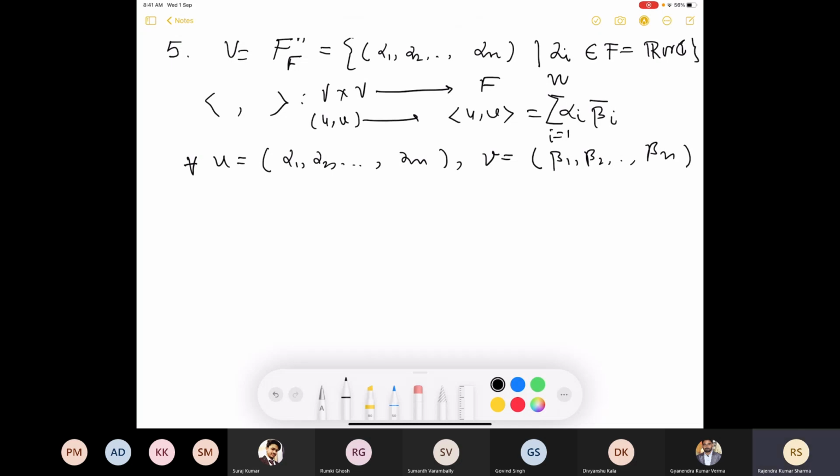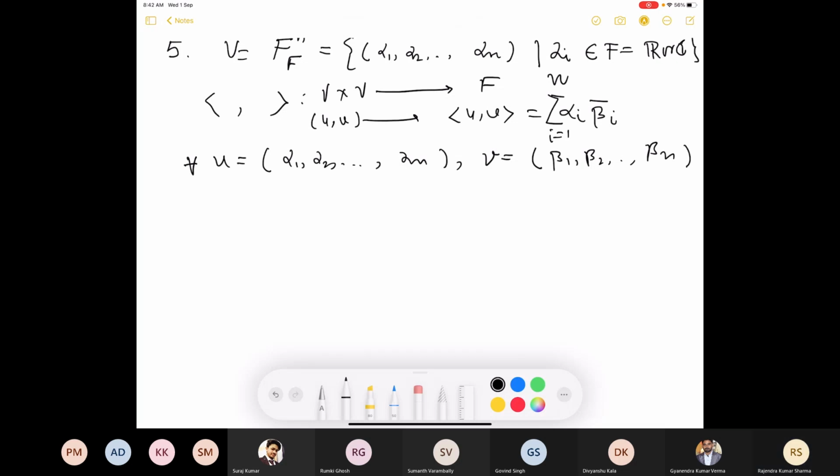Once we prove the Cauchy-Schwarz inequality, we'll give straight away as an application the triangle inequality. So the Cauchy-Schwarz inequality is the first that we would like to prove. For that, let us do a few things here.